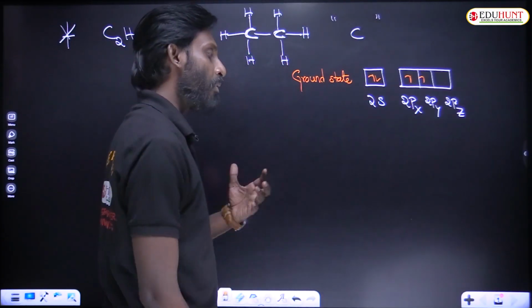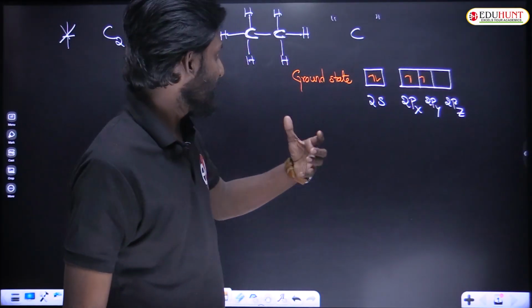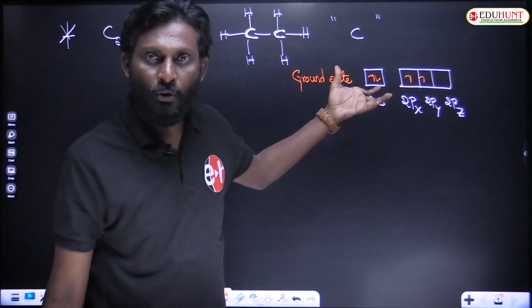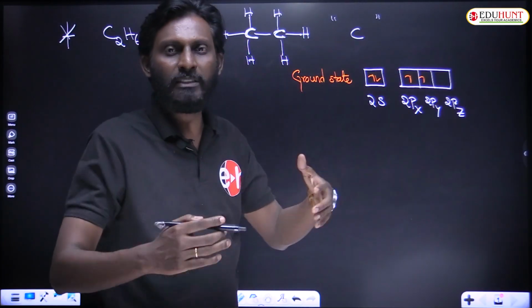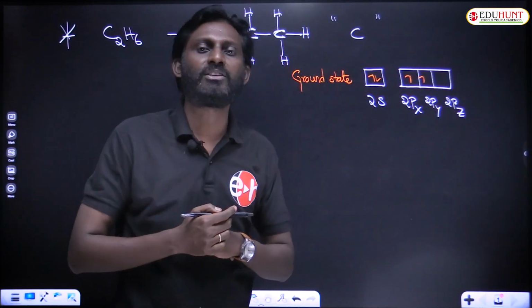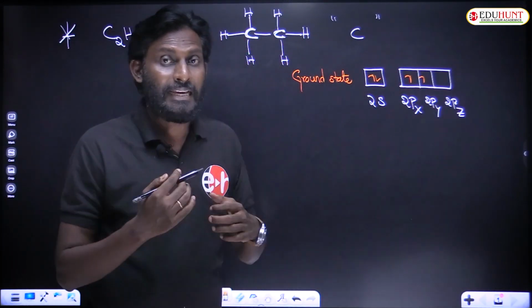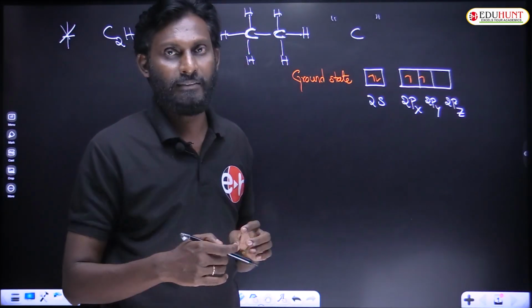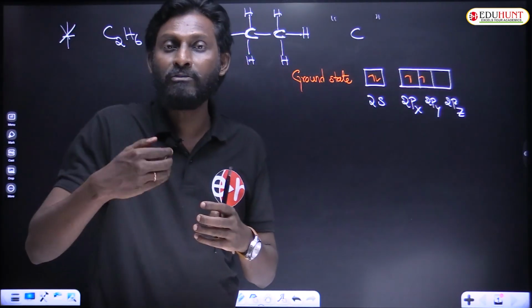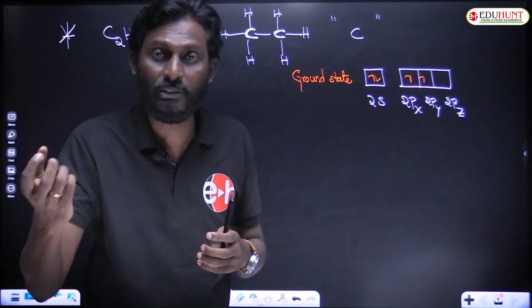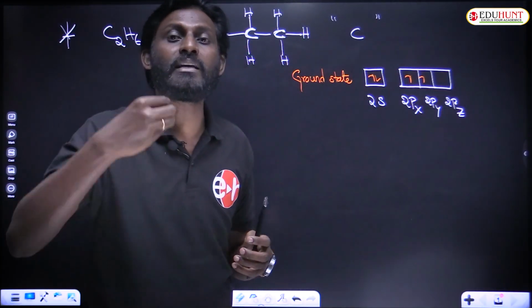But the point is, when this carbon atom is about to participate in hybridization, it will be excited, because it is going to form bonds with other atoms. That's why the carbon atom will go into the excited state.